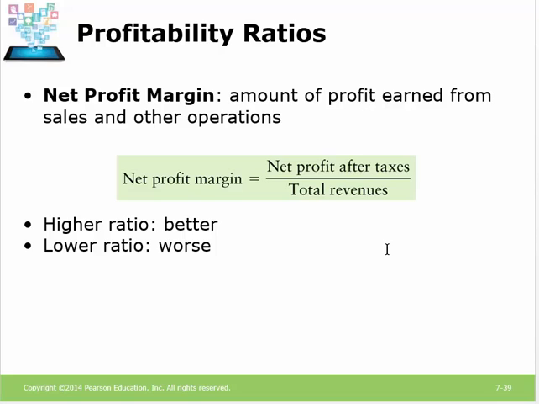Is this number trending better or trending worse? Can I make comparisons to competitors? Can I make comparisons to the industry as a whole? All of these different analyses are possible once we break down into these formulas that we refer to as ratios.